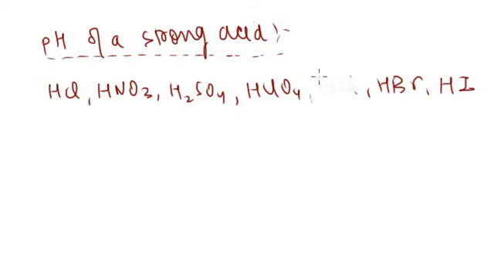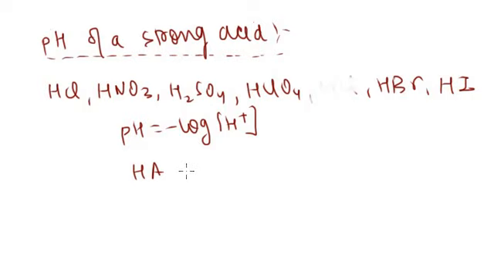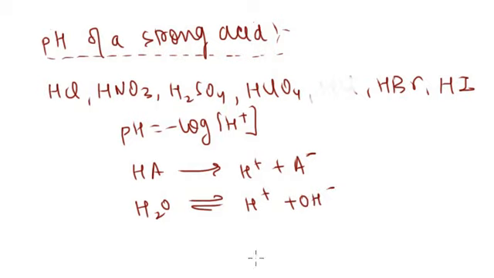So how do we calculate the pH of that? First of all, let's understand the basics: we know pH equals the negative of log of the concentration of H plus. Whenever we are dissolving an acid, HA, and if it is strong, alpha should be 1, it will totally dissolve into H plus and A minus. And we have H2O also, which is a weak electrolyte which dissociates into H plus and OH negative.